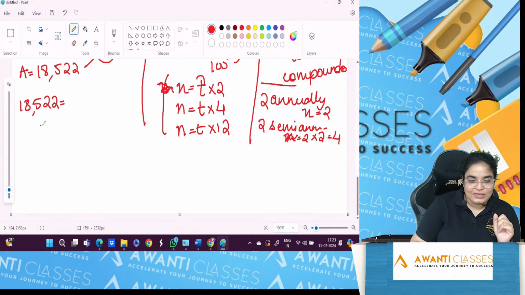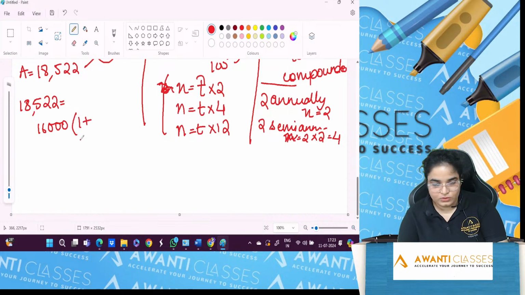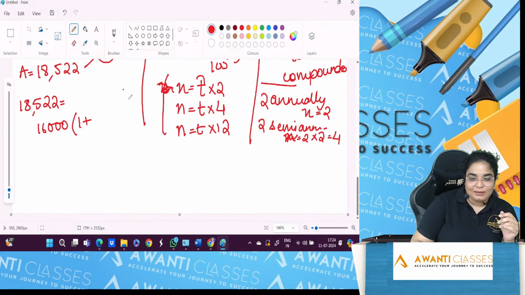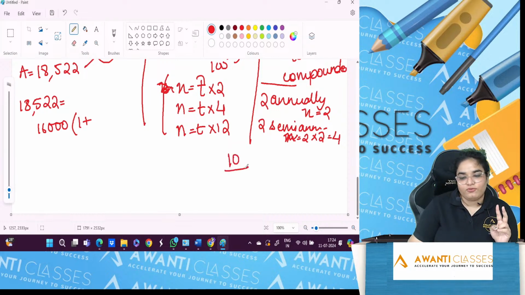P is 16,000. 1 plus R, we know R. R is 10. Now, how many times per year? 2 times. So, 10% is for 12 months. How much is for 6 months? 5%. Yes or no? How can we say 5% in decimals?